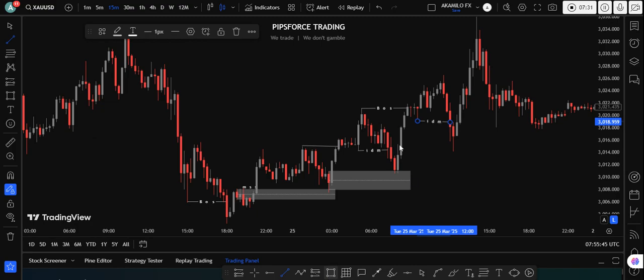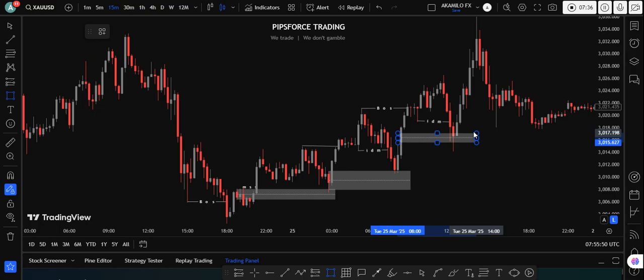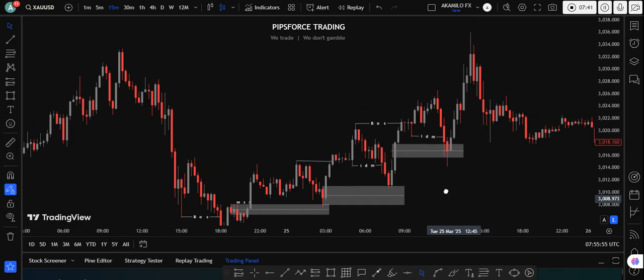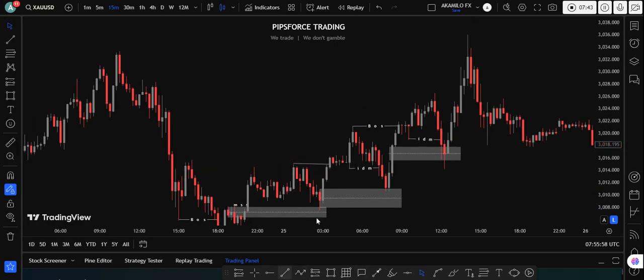So in this case, it uses this fair value gap that is resting here. Price comes to tap into the fair value gap and shoots to an upside again, giving another buy. So this is how you'll be taking your buy positions when it comes to using the continuation strategy or continuation trading.